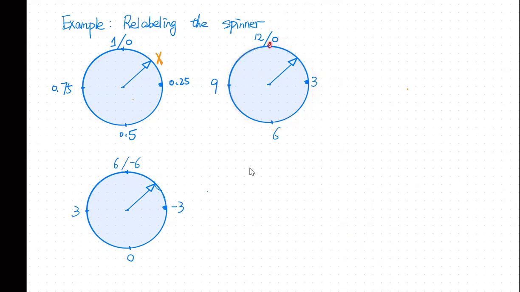So the point 0 is still 0, point 0.25 becomes 3, and 0.5 becomes 6, and 0.75 becomes 9. Then the same spin in this new labeling system is called random variable Y. And Y is clearly 12 times X, a scaling of X. It is X scaled by 12.